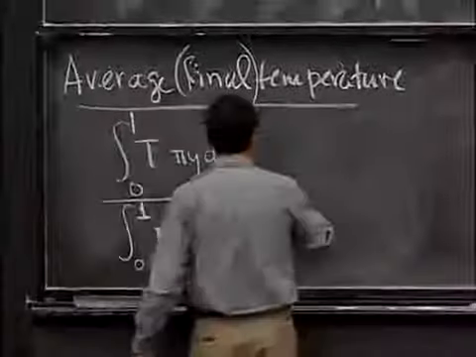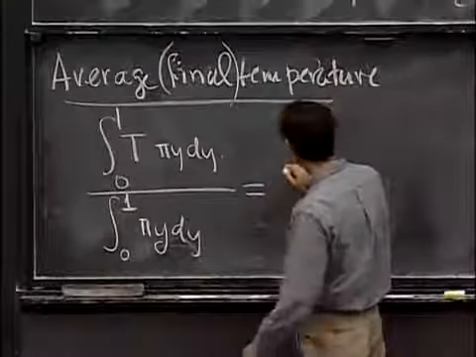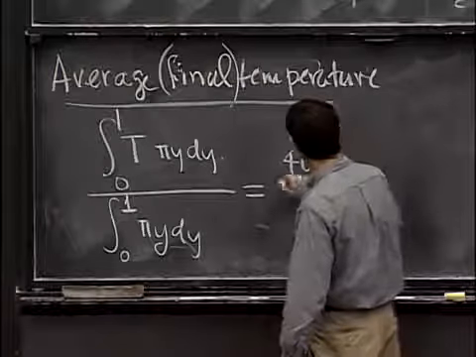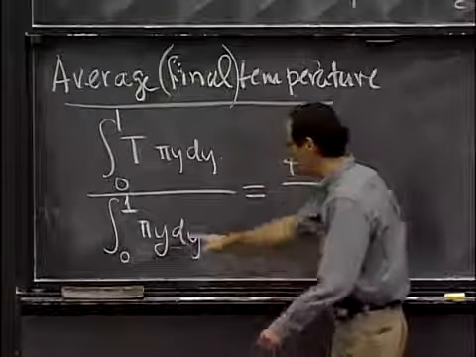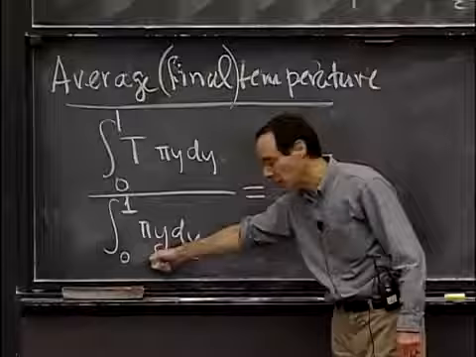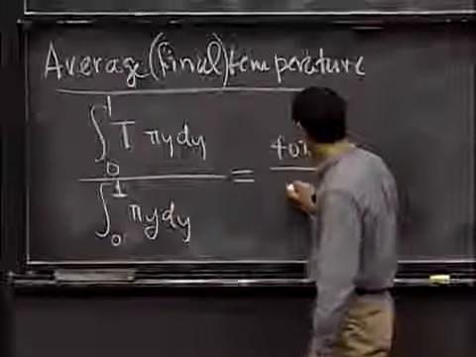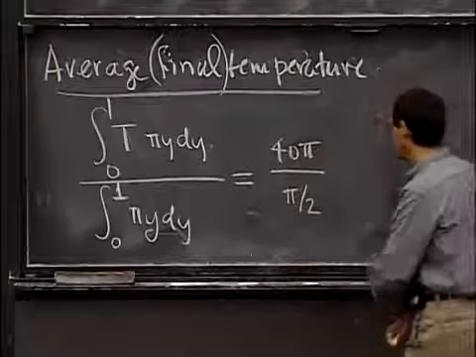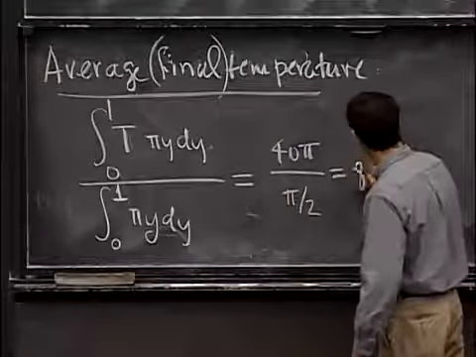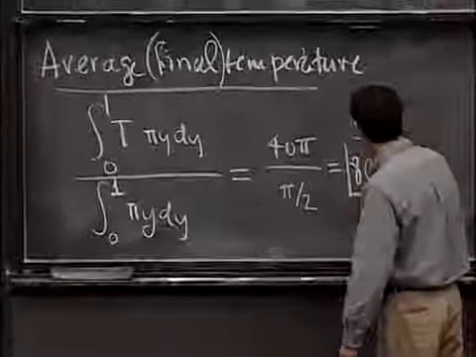And we computed these two numbers. The number in the numerator is what we called 40 pi. And the number in the denominator, this is easier than what we did last time with shells. You can just look at this and see that it's the area under a triangle. It's pi over 2. And so the answer here is 80 degrees. This is the average temperature.